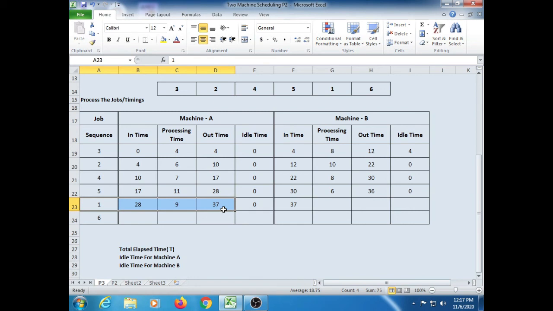At the 37th hour we have a job to perform on machine B. So what is the in time? 36 and 37, so 37 is the max, and we take 37 here. Either the machine will be ready or the job will be ready, so we have to compare and take whichever is max.